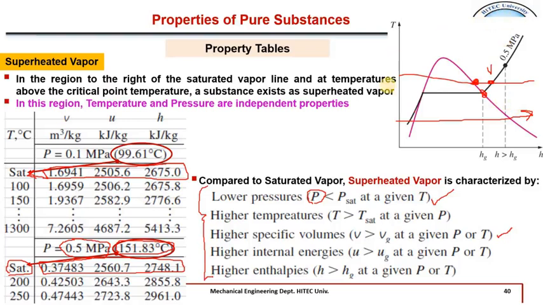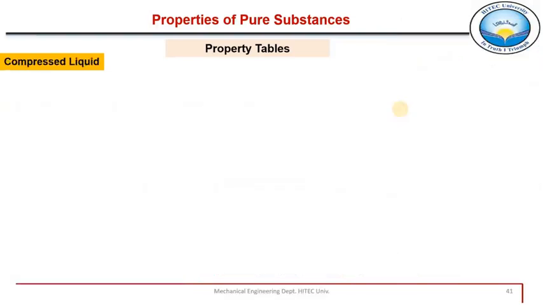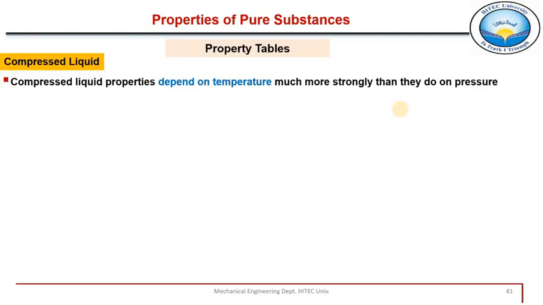Now one region is remaining, and that is compressed liquid, this region. So this whole region represents the compressed liquid region. Now we shall learn how the properties can be evaluated for the compressed liquid region.